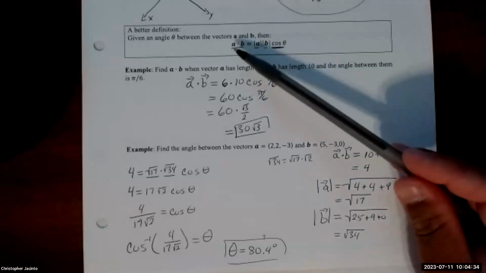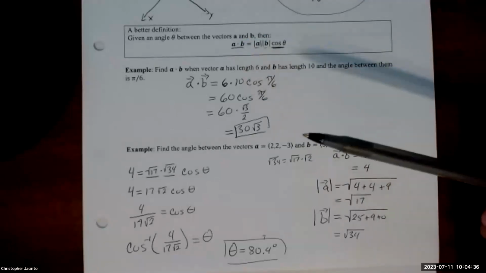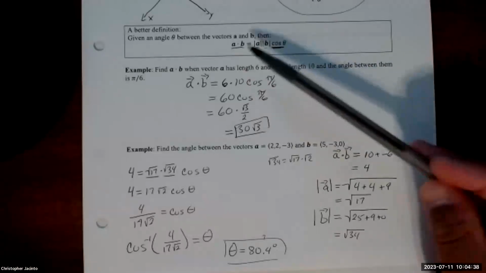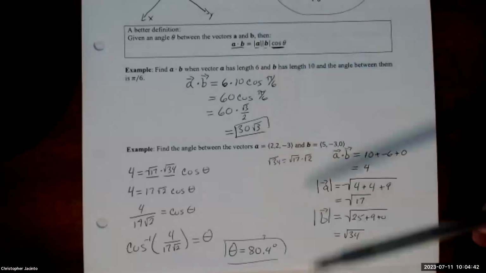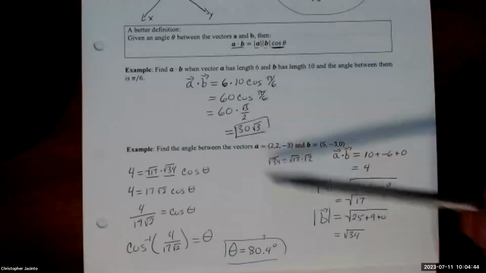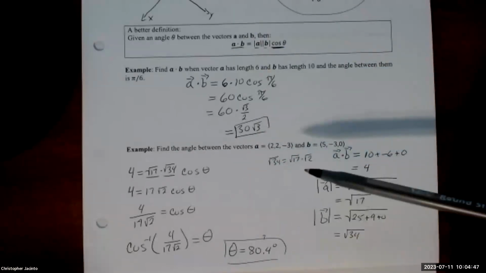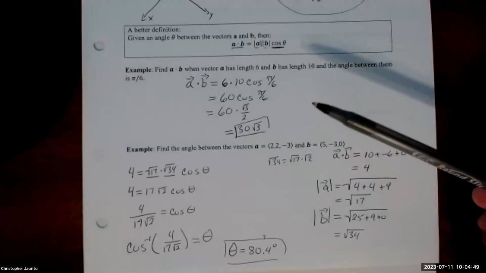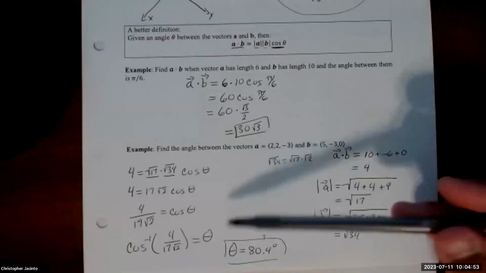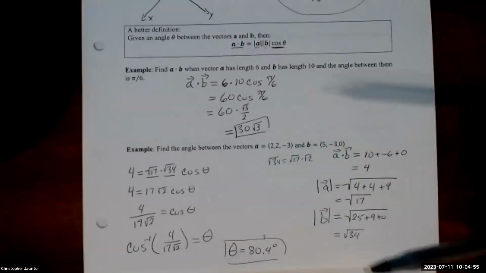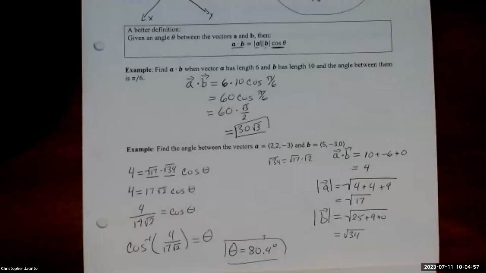Given 1, 2, 3, 4 unknowns, given 3, I can find the other one. It's pretty straightforward, so there are multiple questions I can ask based off that. And you would do the same thing: plug and chug, find the parts that you have and solve for the part that you're missing. I'm pretty sure this is the lengthiest because you just have to remember to do cosine inverse of it, but still not that difficult to do.